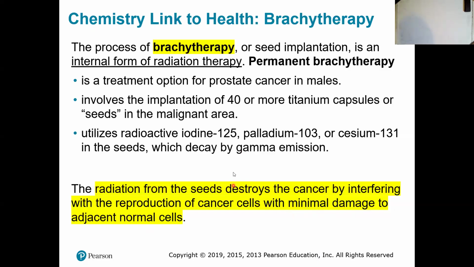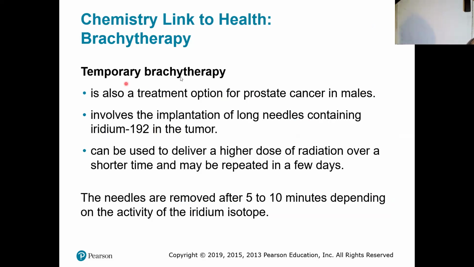So it's a pretty decent method for trying to fight a very dangerous type of cancer. There are also temporary methods, where you can use injections instead of the permanently implanted capsules. The goal would be the same thing, to try to cut off the reproductive ability of the cancerous cells and leave your normal cells alone.